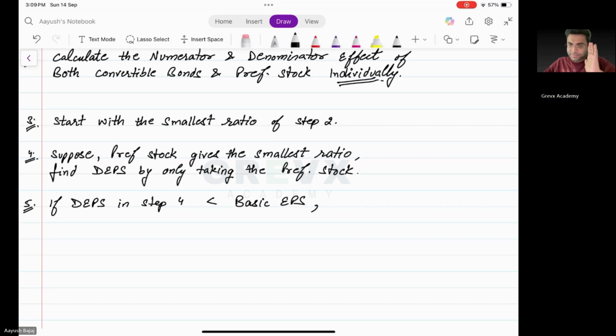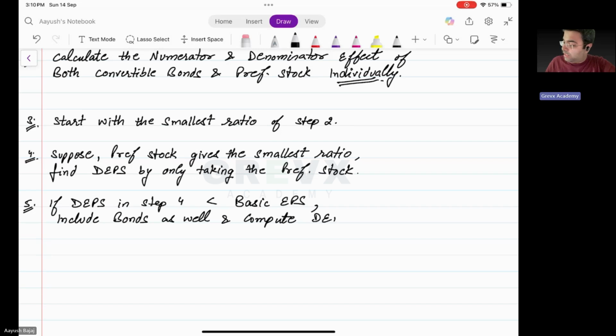If it is less than BEPS, include bonds as well and compute DEPS by taking both preferred stock and bonds.